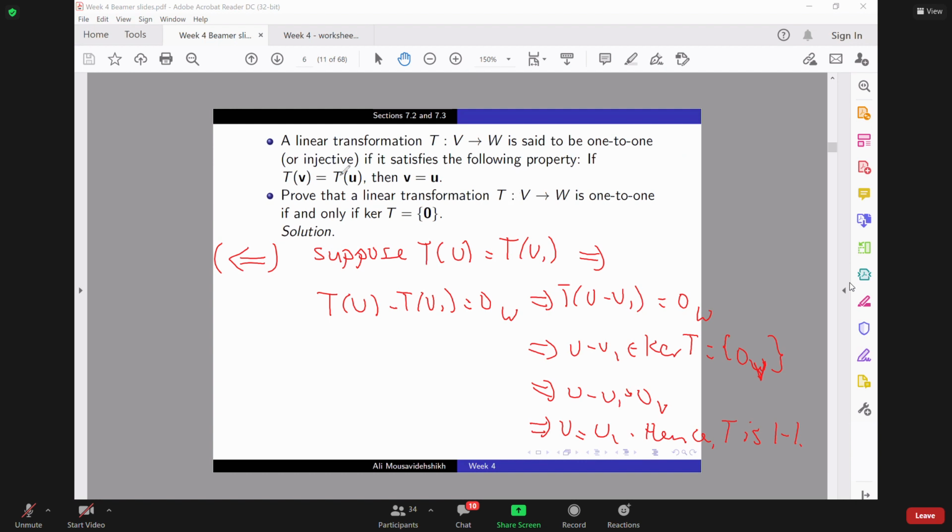Above the line, I've proven it. I just wrote the number 1 instead of the wording, one-to-one, injective. Sorry about that. My apologies.